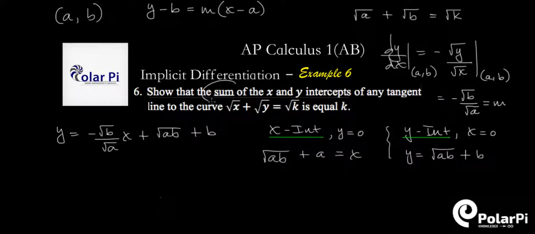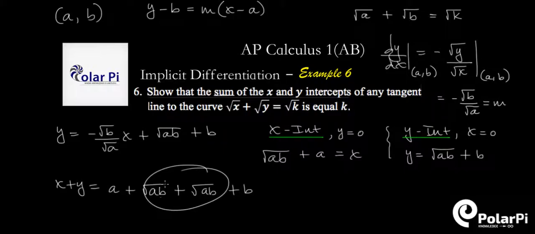So then the said sum of x and y intercepts to any tangent line, right, is going to say x plus y is going to say that we have a plus root AB plus root AB plus b.